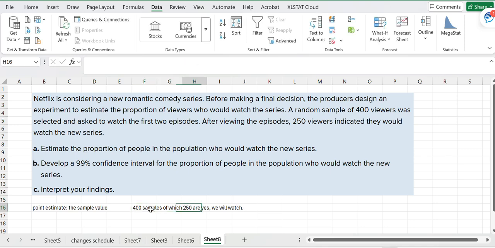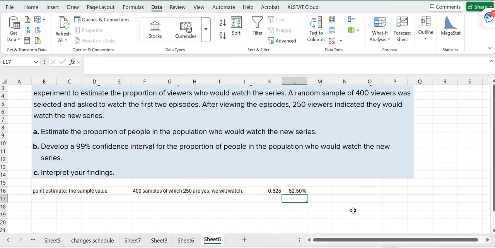So now what's the proportion? That's going to be equal to 250 yes out of 400 in total. Comes out to be 62.5%. So 62.5% of the proportion will be watching the episodes if they are released.